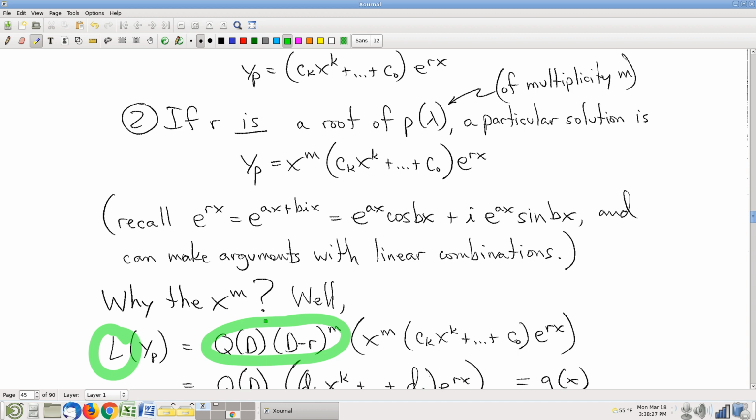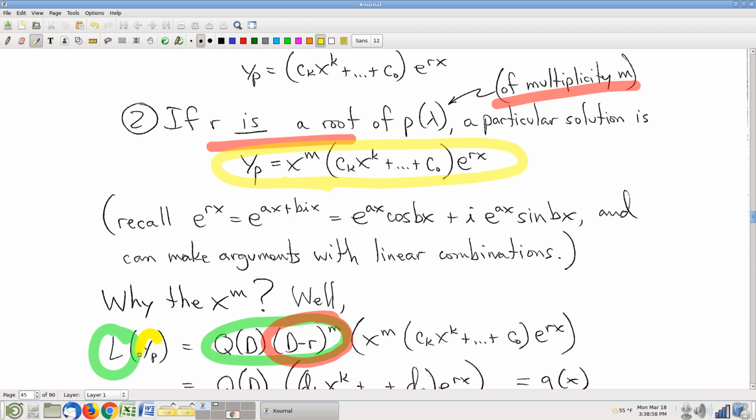Don't forget by assumption we're looking at the characteristic polynomial as having r as a root of multiplicity m, which means that our characteristic polynomial has a factor of d minus r. Multiplicity m means that factor of d minus r appears m times.